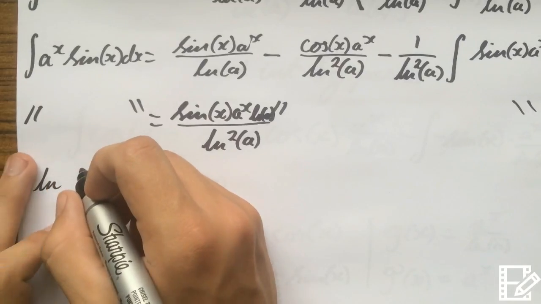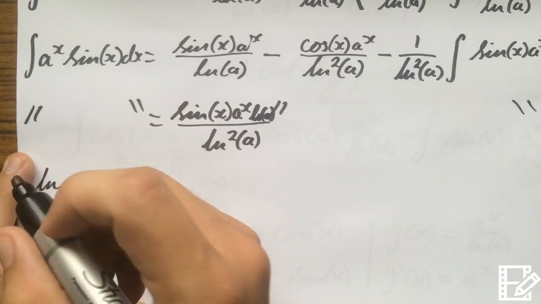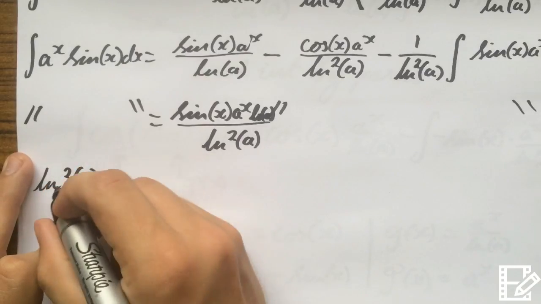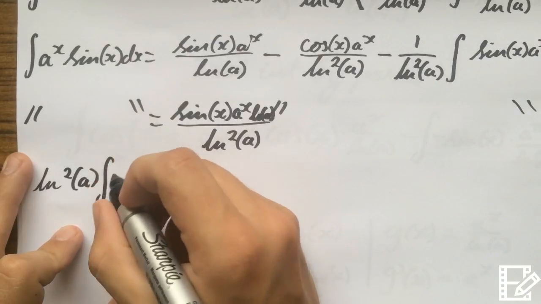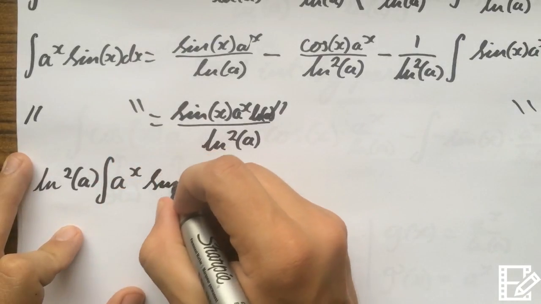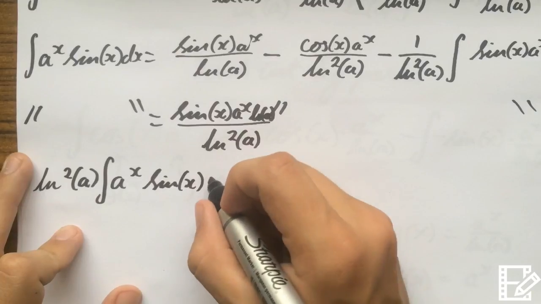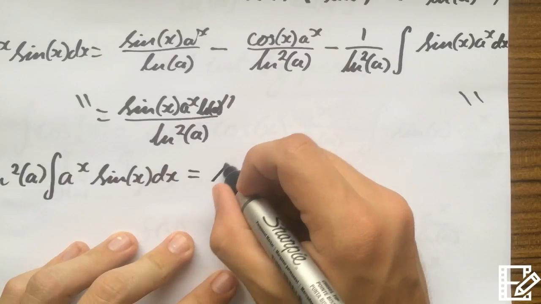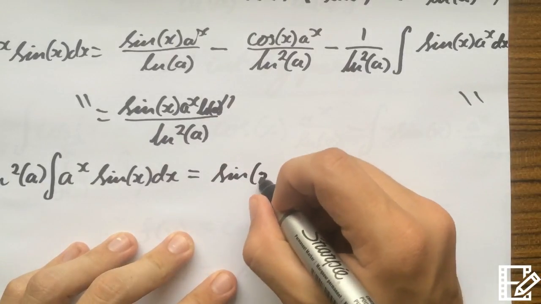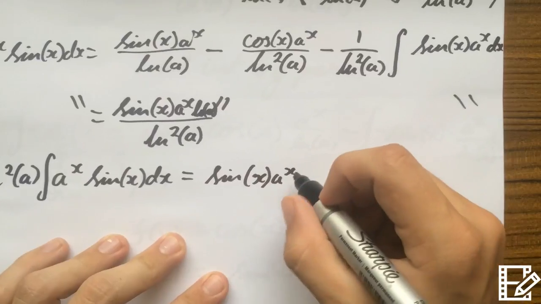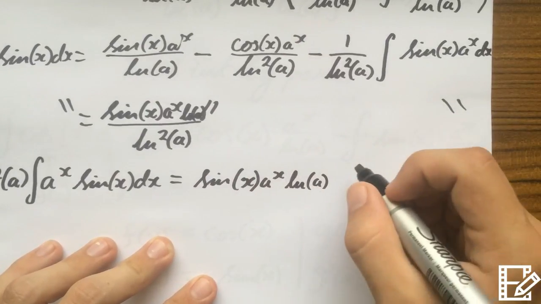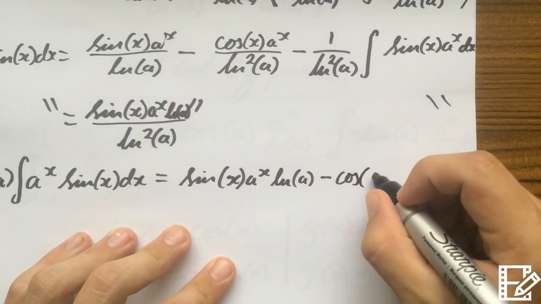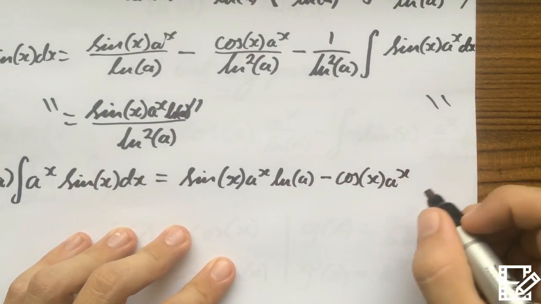Okay? What this means is now, it'll be ln squared of a, because I've got to multiply this side as well, integral a to the power of x sine x dx equals sine x a to the x ln of a minus cos x a to the x.